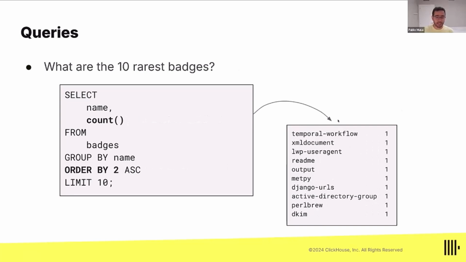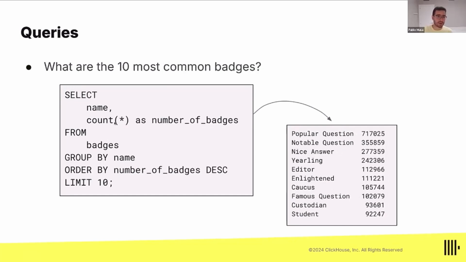But ClickHouse gives you some extras on SQL. For example, you can just do count without the star. That's a great way, it's way quicker. It works. Another thing that's super cool: in many cases you need to do count star as number of badges, so you can reference it later in the order by.